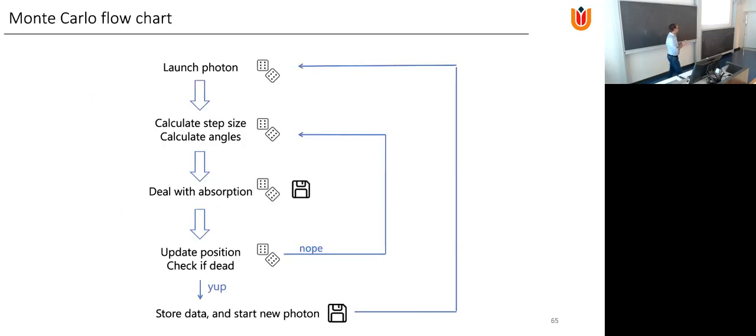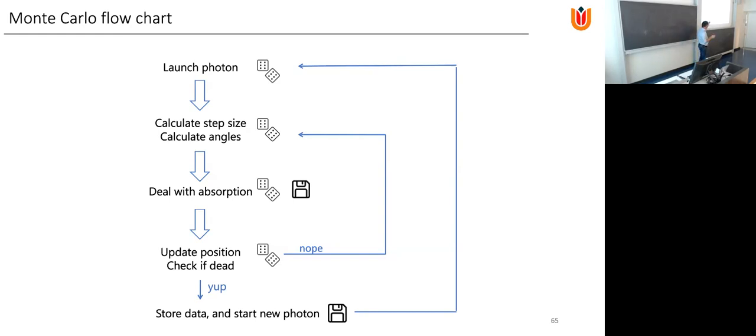Okay, if I succeed in that, then this will be more or less the flow chart of such a Monte Carlo simulation. I will launch a photon into the tissue, which means I will initialize a photon. I set its position to the boundary of the tissue, and I give it a certain initial direction.